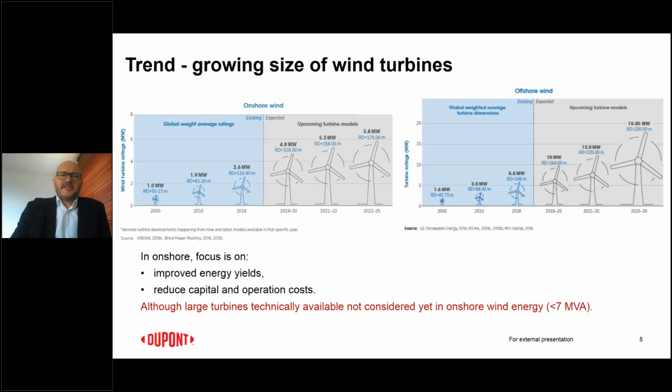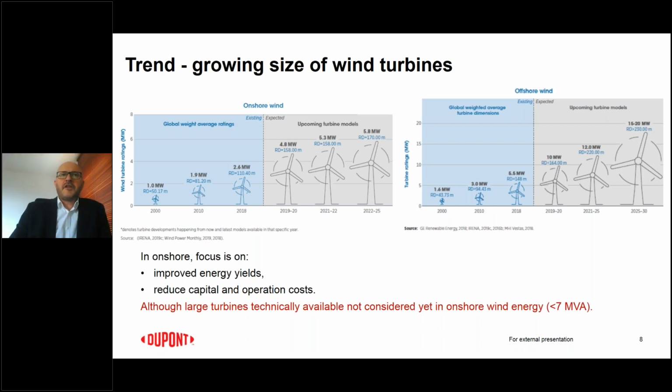Looking at the trends in the wind turbine transformers, definitely the size of the turbines is increasing. I showed this comparison of the 2.3 MVA transformer, the typical step-up transformer at the beginning of the development. And when we look at now at the left-hand chart for the onshore wind, the 2.6 MVA, that was, let's say, the average rating of the transformer back in 2018. Since then, definitely the size of the turbines is growing.